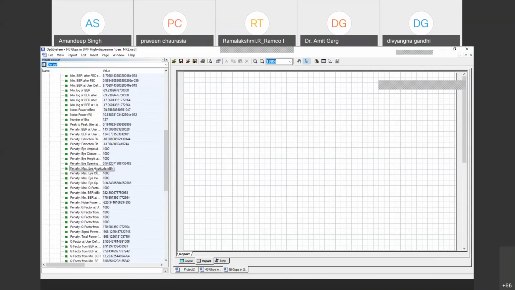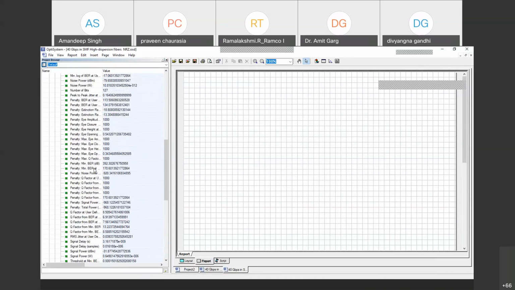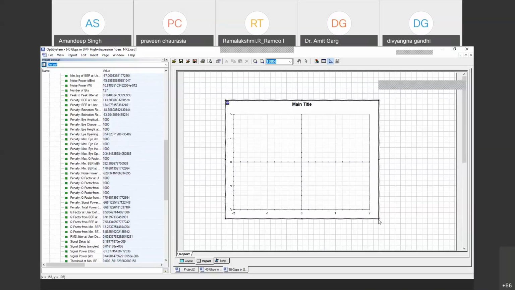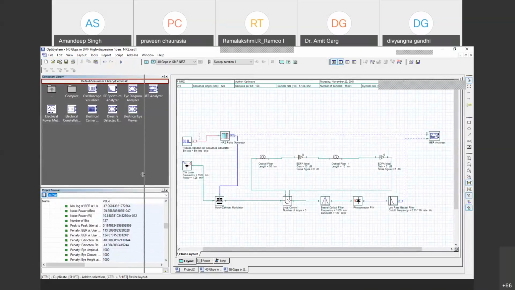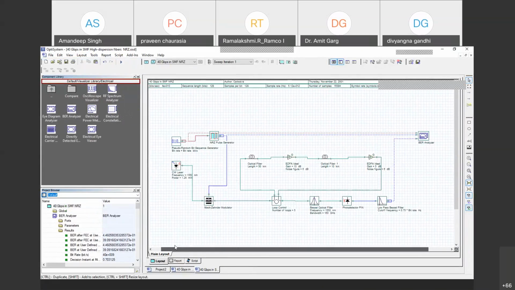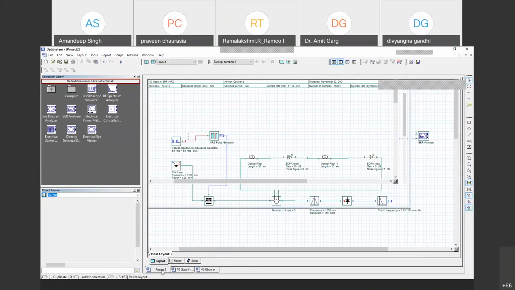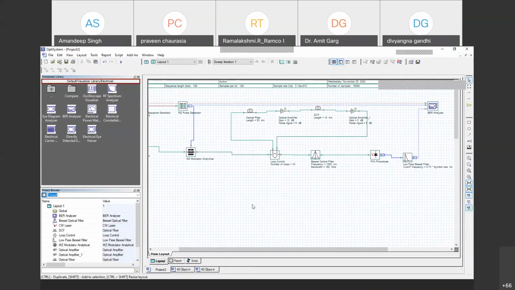But we have not used any iteration here. So it's best if you can go through this, or just a minute.